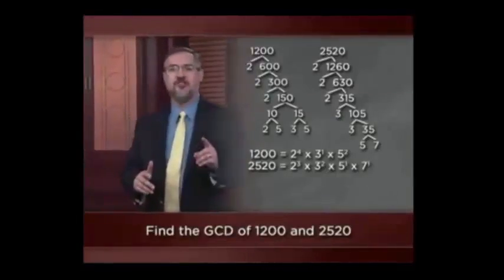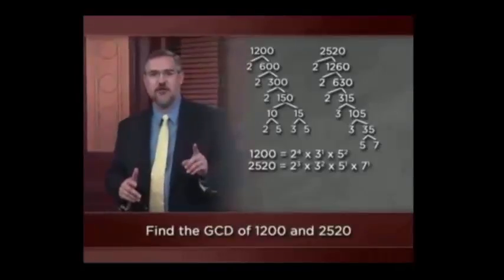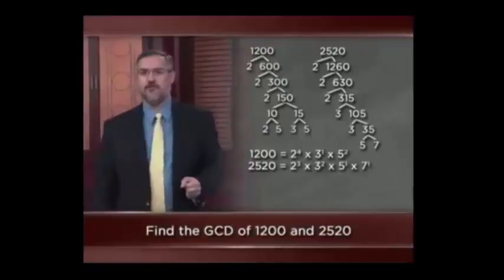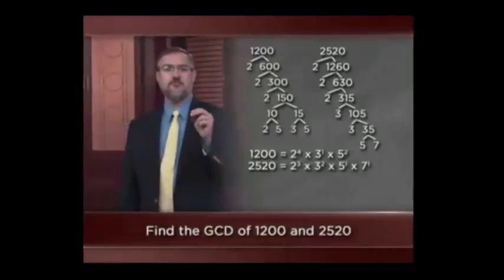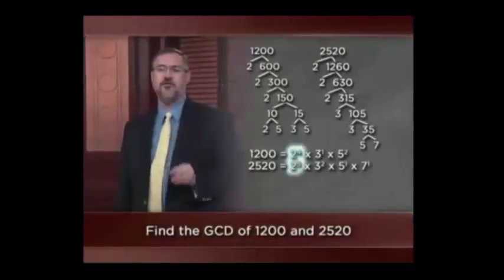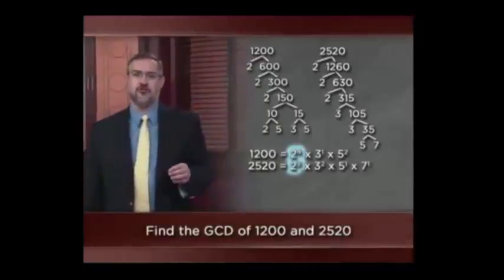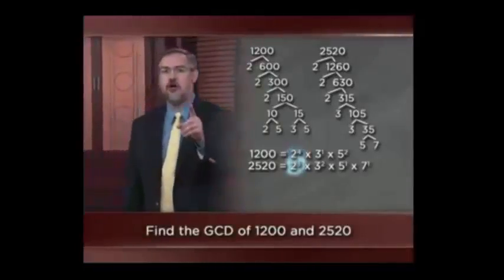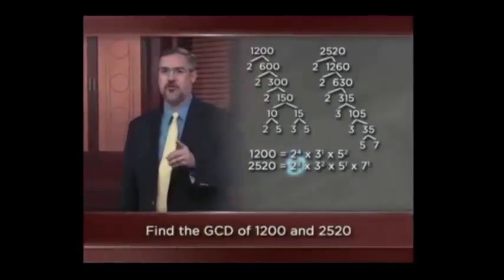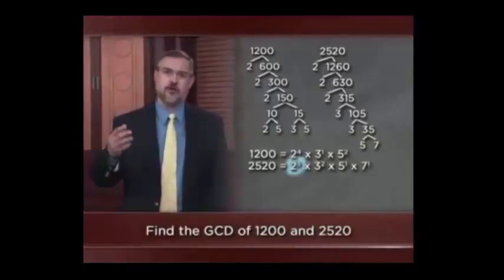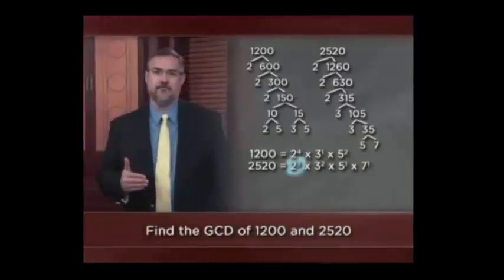Now, finding this GCD is actually just a matter of reading off the prime powers correctly from those two prime factorizations. I first see that both numbers have a power of 2 in their prime factorizations. One is a 2 to the 4, and the other is a 2 to the 3. We keep the smaller of those two powers, which is the 2 to the 3. So the GCD will definitely have a 2 to the 3, or 2 cubed, in it.